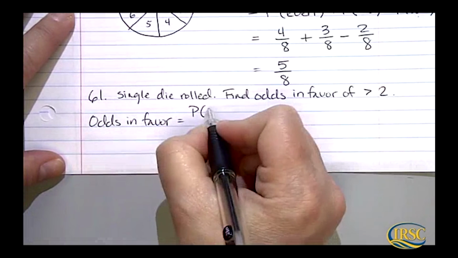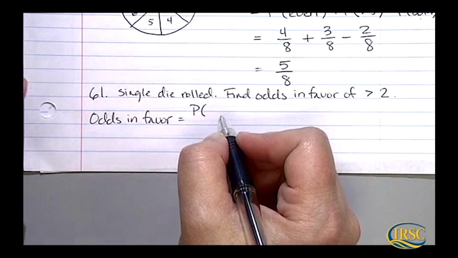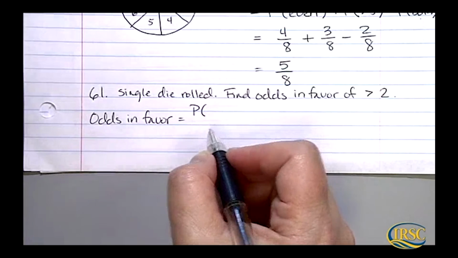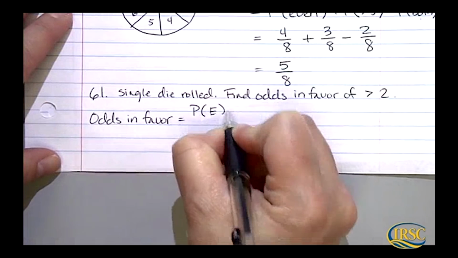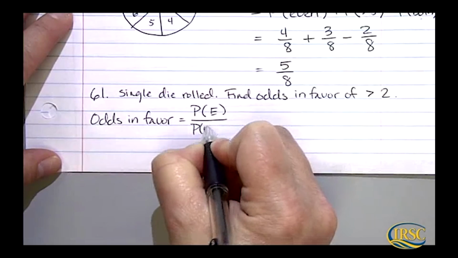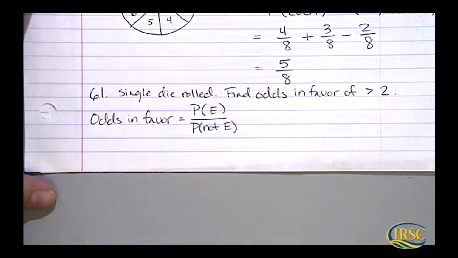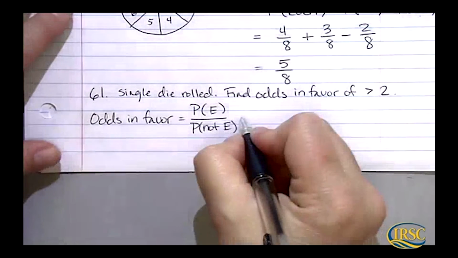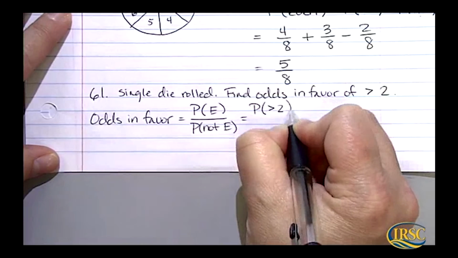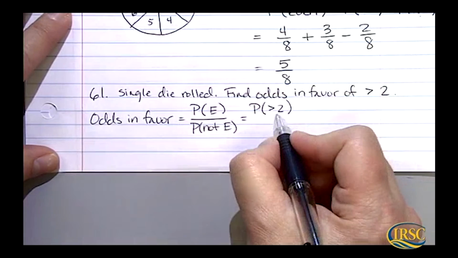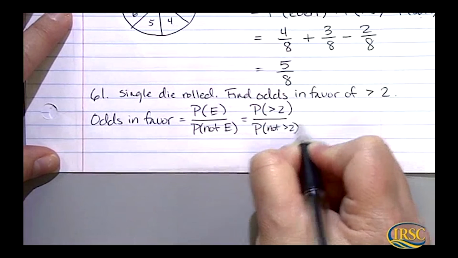Yeah, the probability, no, that's when you're going from odds to probability. So this one, we weren't given the odds. We're looking for the odds. So we want the probability of that event over the probability that you don't get that event, not E. So we want the probability of getting a number greater than 2 over the probability that it's not greater than 2.